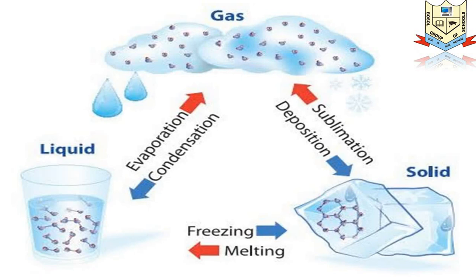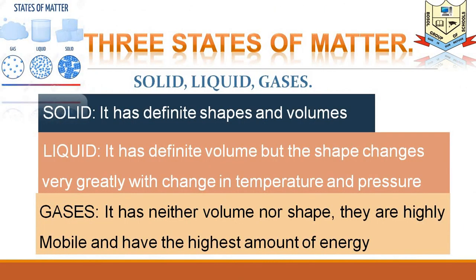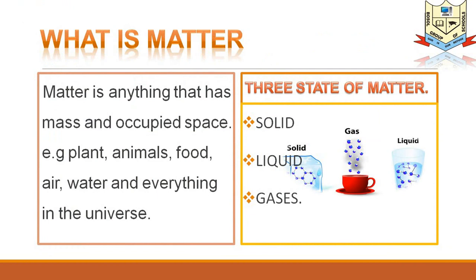Now students, before I round up today's video, I would like to take a quick recap of what we've learned today. We started by making ourselves understand that anything in the universe can be categorized as matter, but it varies with the state.